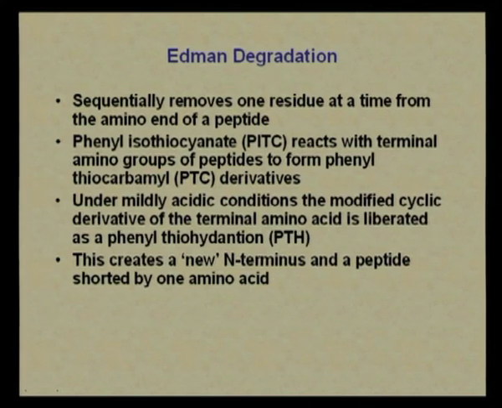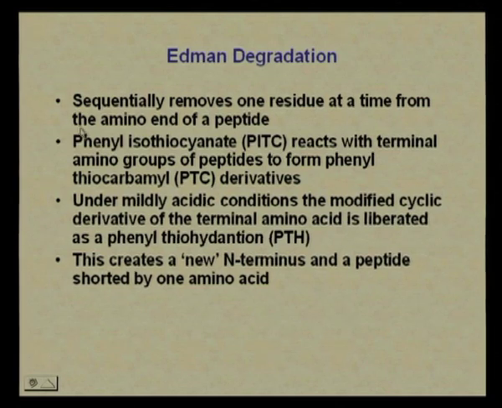So, what happens is the PITC reacts with the terminal amino groups of the peptides to form a PTC or a phenyl thiocarbamyl derivative. Then we have a slightly acidic condition that is going to liberate this by what is called a phenyl thiohydantoin derivative, okay.